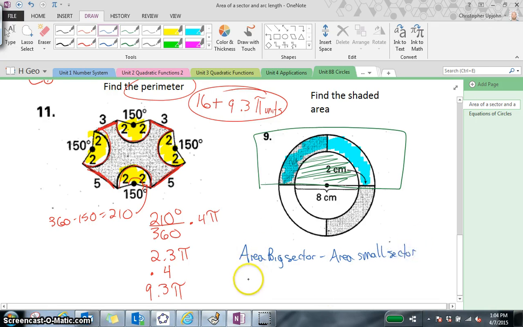So the area of the big sector is 1/2 pi times our radius squared, because again, area of a circle, pi r squared. Now the big radius, this is 4, this is 2, so we have 6 squared, minus the smaller part. Well, the radius is just 4 there, it's still 1/2.